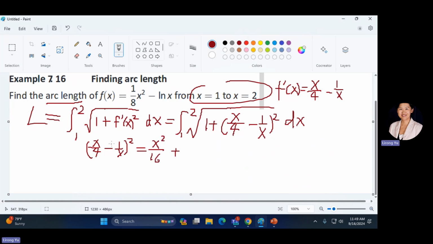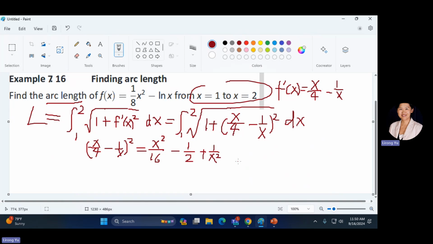In the multiplication, the x will cancel. If you multiply them, you have 1/4, but we have to count 2, so you're going to have minus 1/2 in the middle. And then lastly, you square the 1 over x, which gives 1 over x squared. So that's how it looks when you have a subtraction being squared.